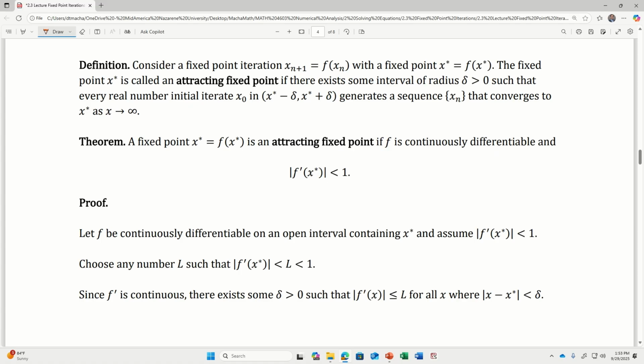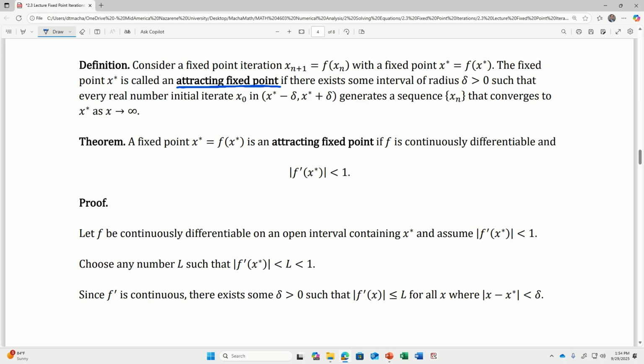So consider a fixed point iteration with some fixed point. This is a definition of the attracting fixed point. If I use the word attracting fixed point, this is exactly what I mean. X star is an attracting fixed point if there exists some interval, it could be big, it could be small, but there's at least some interval with a radius delta.